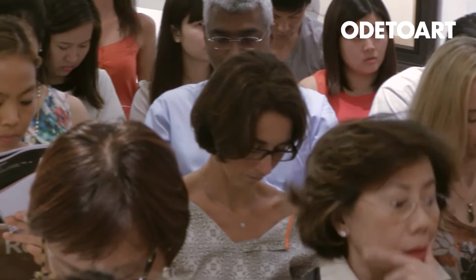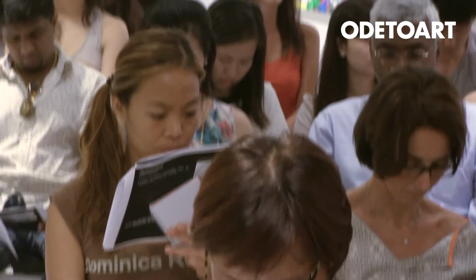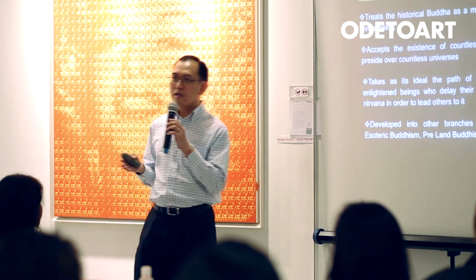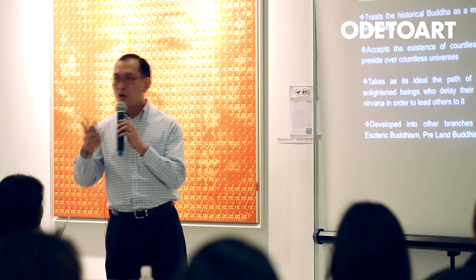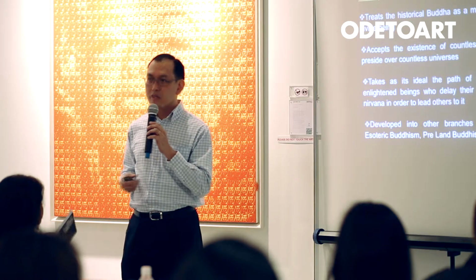And Mahayana Buddhism was to be extremely influential. It was later on to spread to China, to Tibet, to Japan. And it was to branch out into other Buddhist sects like, of course, Zen. Then you have Pure Land Buddhism in Japan, Shingon, some of the esoteric sects.